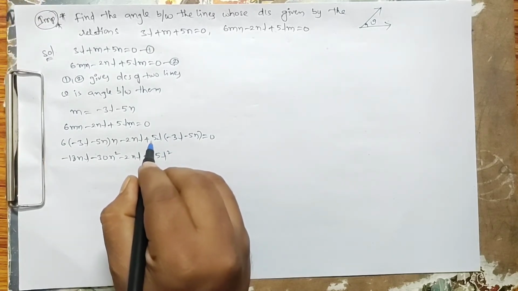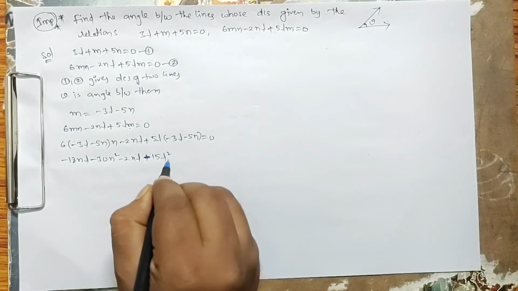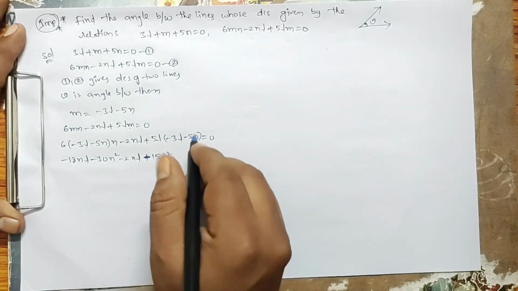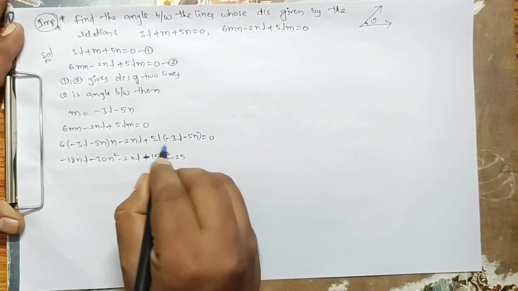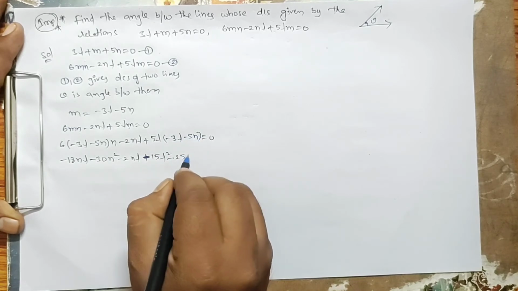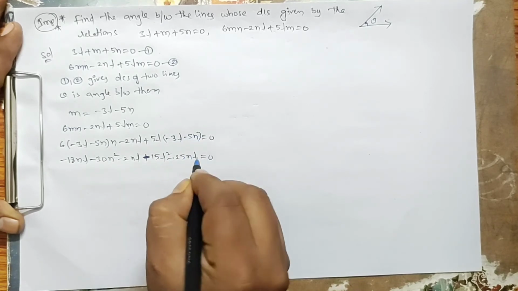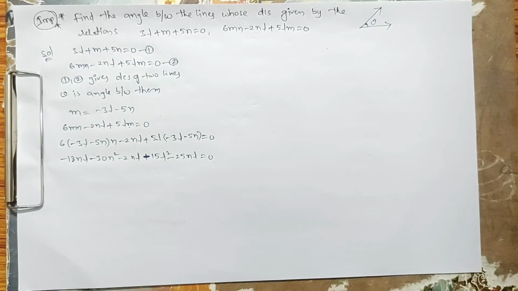Then again plus into minus, -5 5s are 25, l into n, nl, is equal to 0. So we have to simplify this. First of all take the l square terms.